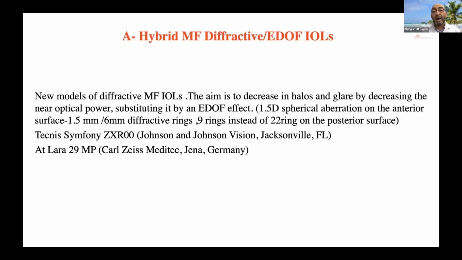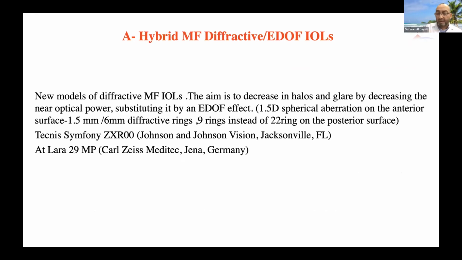We have hybrid diffractive, a new model of diffractive multifocal. I'm not seeing the titles because something is hiding them. Anyway, the aim is to decrease the halos and the glare, as I said, by decreasing the near optical power, substituting it by an EDOF effect of 1.5.